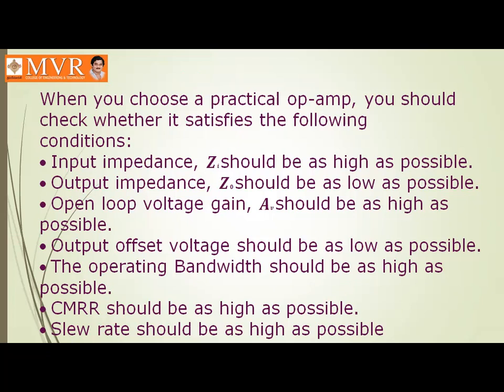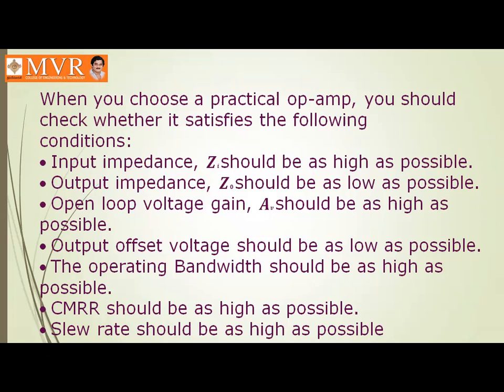And coming to the operating bandwidth, the bandwidth must be as high as possible. That means the op-amp must perform its function better over a maximum range of frequencies, from minimum frequency to maximum frequency.